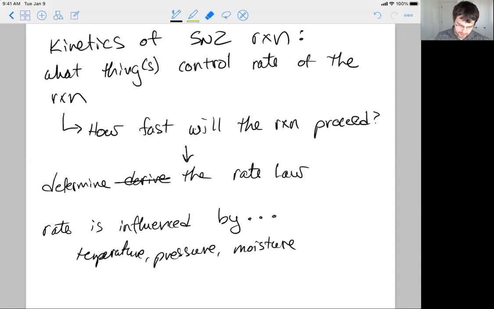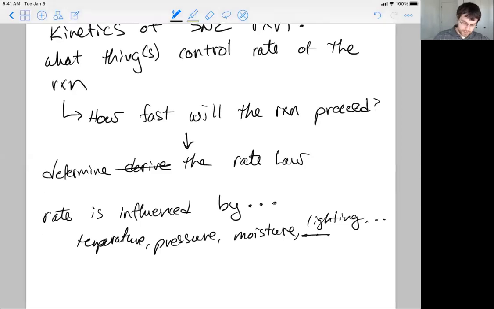You set up an experiment in the lab. What are some things surrounding you that could influence the reaction? Even lighting, for example, could influence the rate of the reaction. So a bunch of things can control how fast or slow a reaction proceeds.